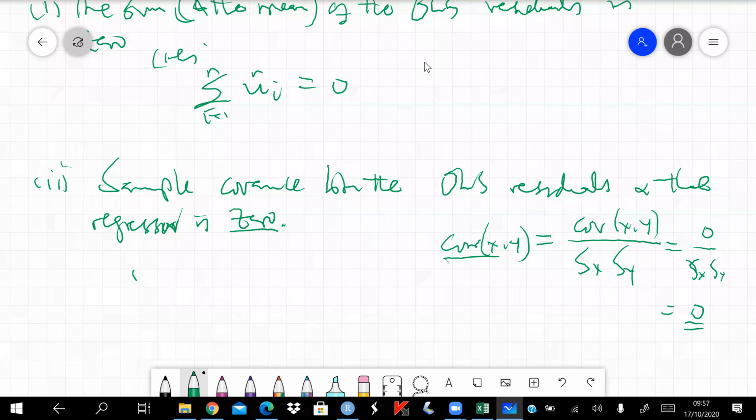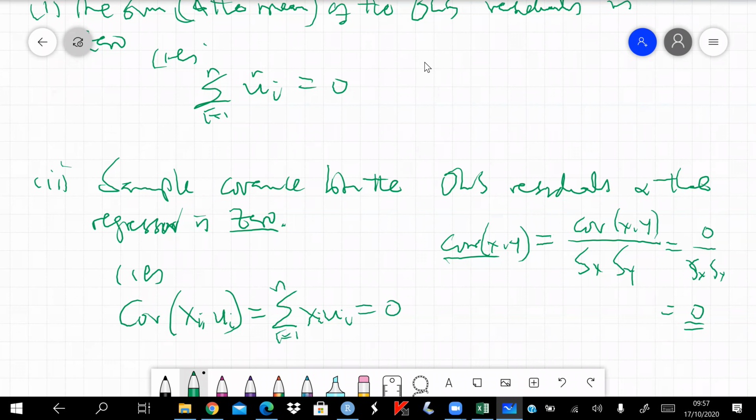So if you take the covariance of X and U, given by the sum of Xi times Ui, for i starting from 1 all the way to n, this should always be equal to 0.